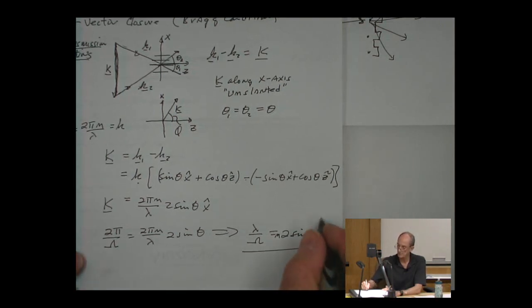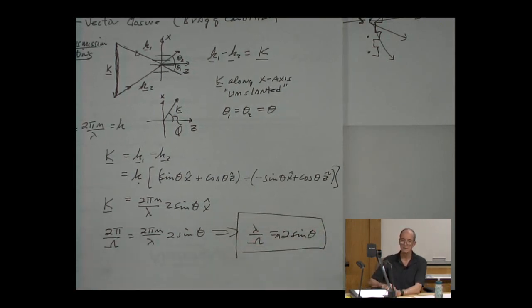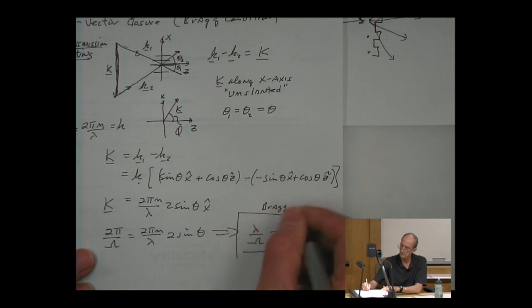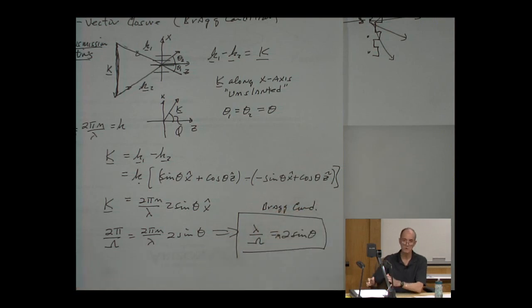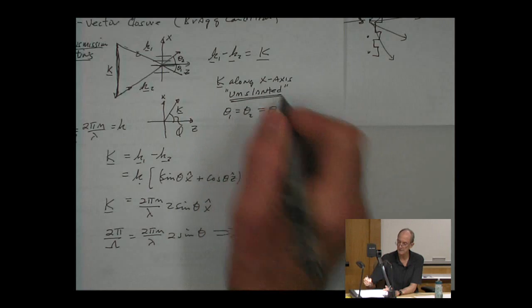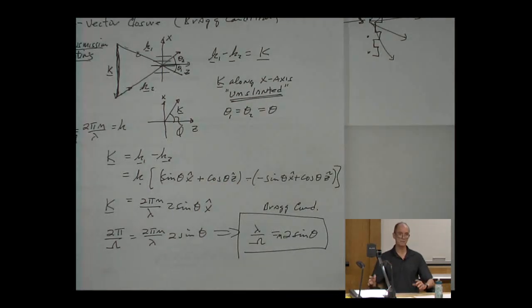You may have recognized this in a lot of physics books. This is the Bragg condition, which is really what we're talking about. But when they say it's the Bragg condition, that's the Bragg condition for this unslanted grading. This is not the Bragg condition if you have a grading which has a different orientation, other than that very idealistic unslanted case.